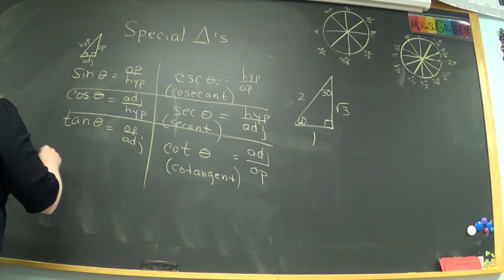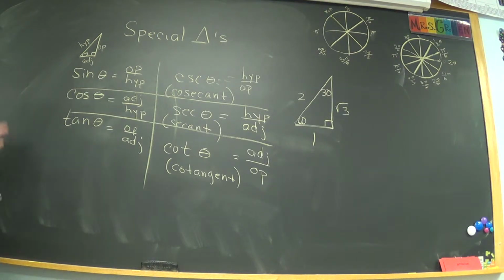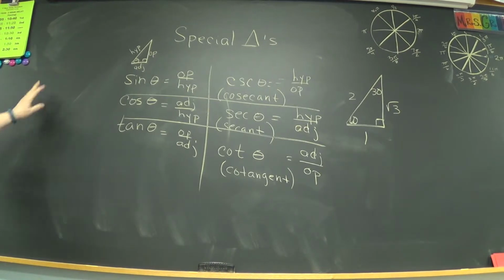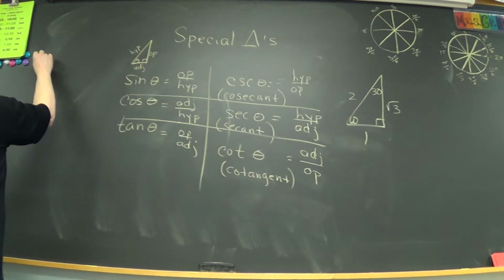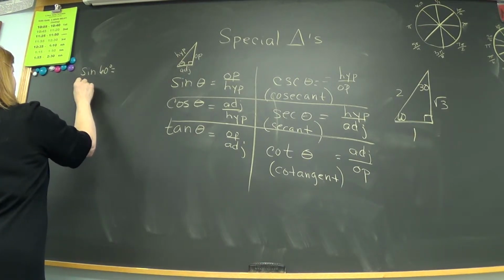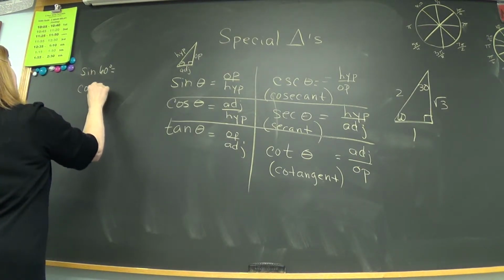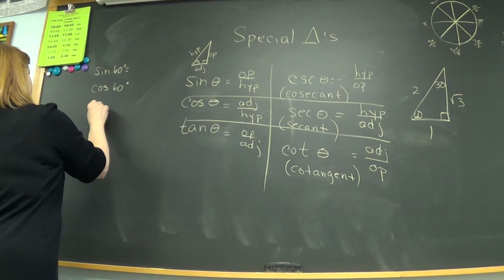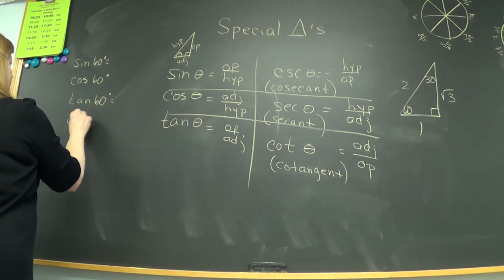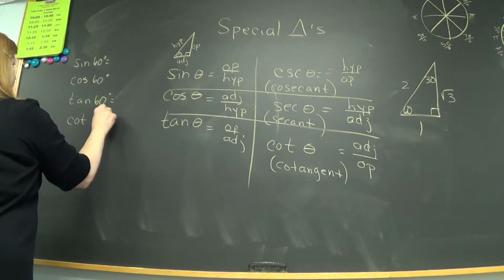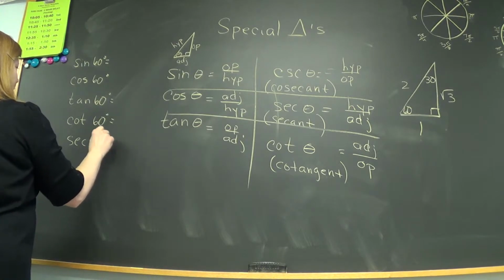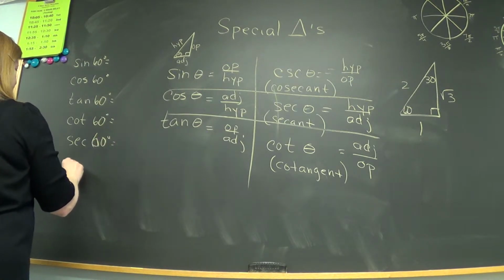Let's do it all for 60 degrees, and this is in your response. Sine 60, cosine 60, tangent 60, cotangent 60, and then secant, and lastly cosecant. This is often the order you see them in.